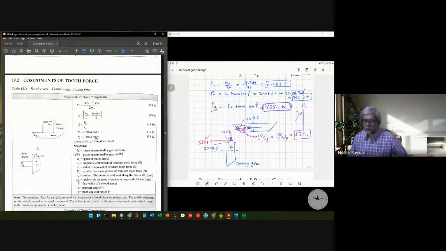And what remains is the axial force on the gear. Here again, let me ask once more. Let me call this direction 1 and direction 2. What would be the direction of the axial force on the gear? Will it be direction 1 or direction 2?